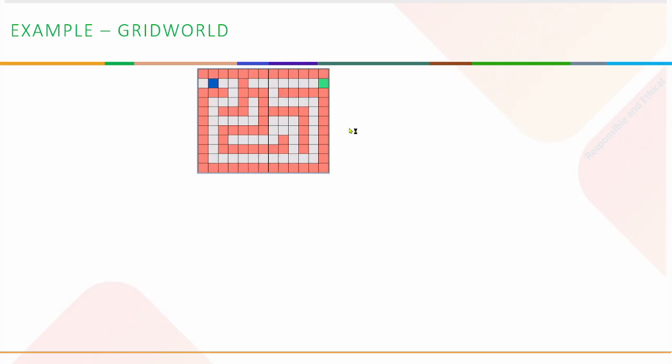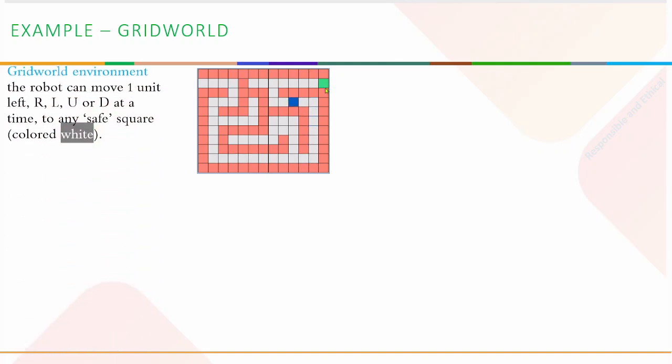So that means the AI has been trained and the blue robot knows at each step, or each cell, what action to take. That means it knows that by taking this action in this particular state it is going to maximize the reward or reach the goal. So this is the grid world. The robot can move one unit to the right, left, up and down.